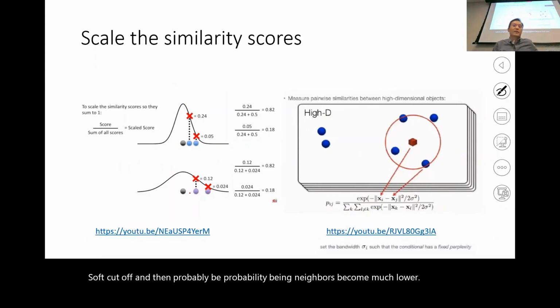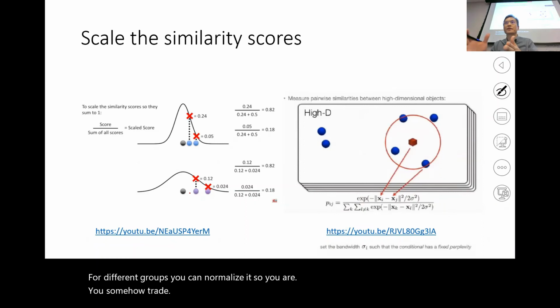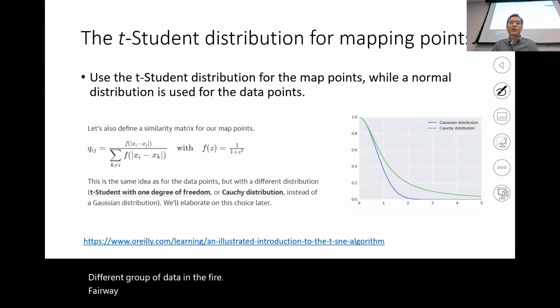Okay, for different groups, you can normalize it. So you somehow treat different groups of data in a fair way. Okay, and then after you define this neighborhood probability, then you will map.